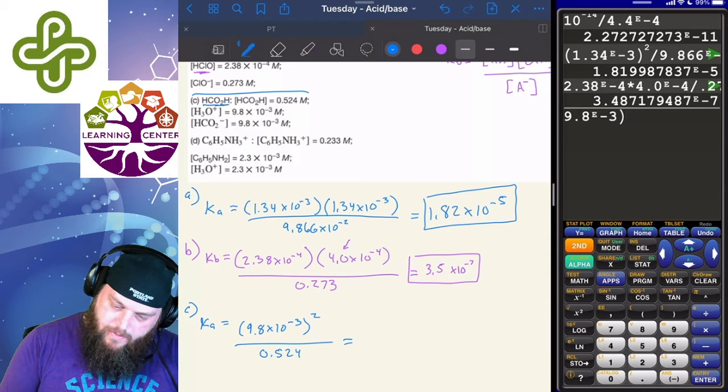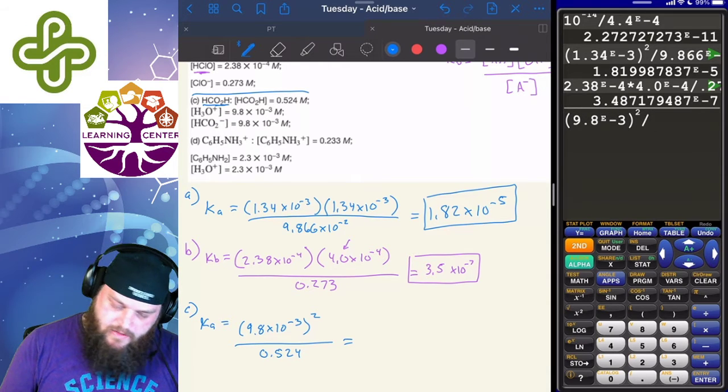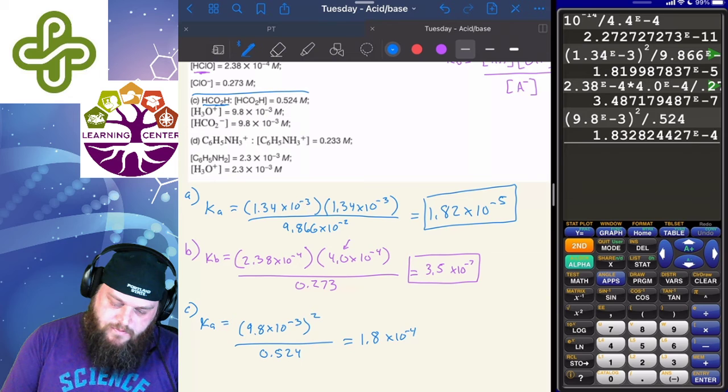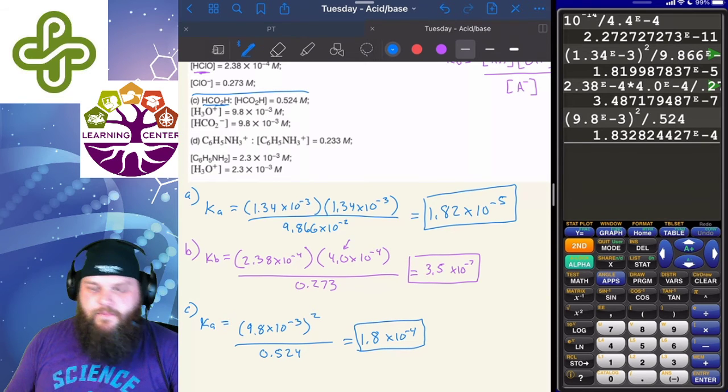I'm going to put little brackets around that. I should have put that parenthesis in at the beginning. So I can square it and divide it by 0.524. That's 1.8 times 10 to the negative 4. So that's going to be our Ka value for part C.